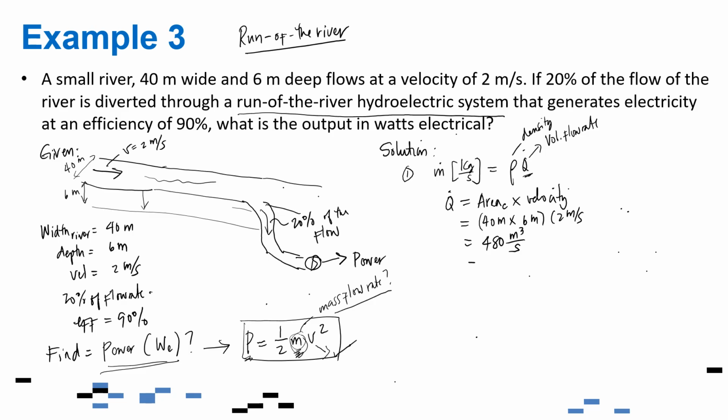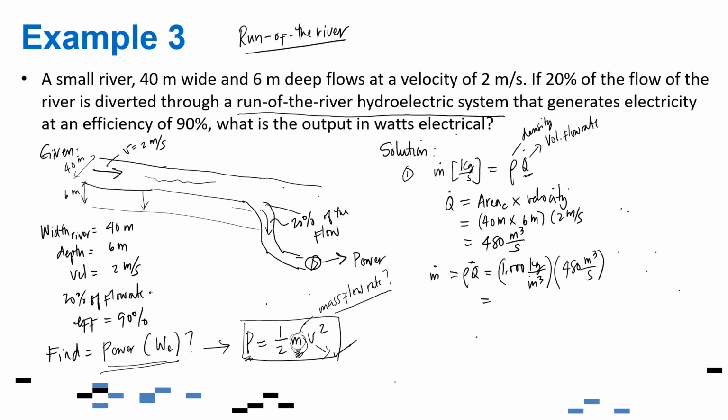Now that we have Q, we can solve for m dot, the mass flow rate, which is rho Q, equal to 1000 kilograms per cubic meter times 480 cubic meters per second. So how much is that?